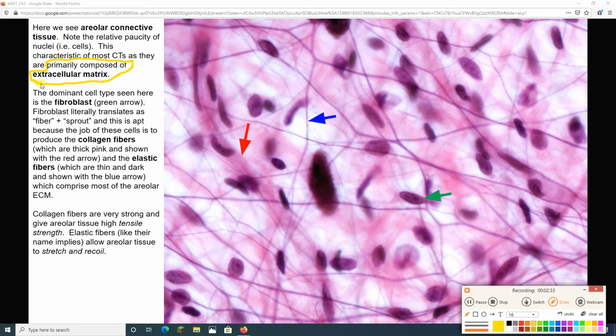All right, there are still a good number of nuclei in this picture, and I want to point out one of these nuclei to you. Look at this guy right here, green arrows on him. That is a fibroblast. Think of the word fibroblast as fiber maker. So fiber, blast, maker.